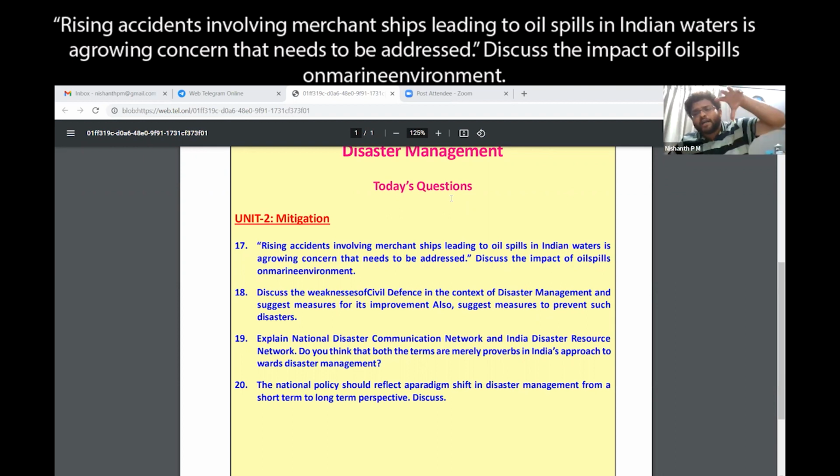And the hydrological cycle, because we all know the water is evaporated, then converted into clouds, and then comes down as precipitation. But when there is an oil spill, the hydrological cycle is also impacted.